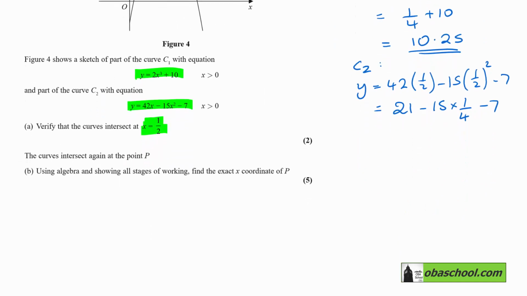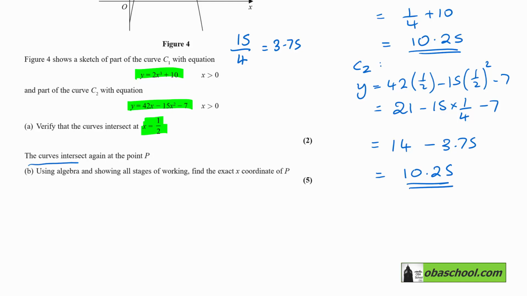Well, we can do the 21 take away 7 straight away. That's 14. And then take away 15 over 4, which is 3.75. So take away 3.75. And we can see that that also comes to 10.25.